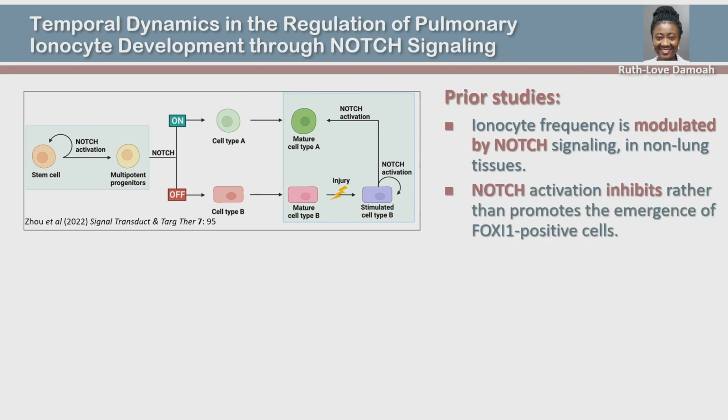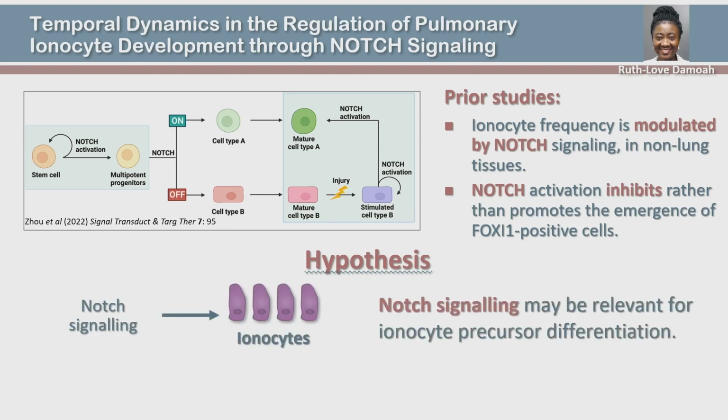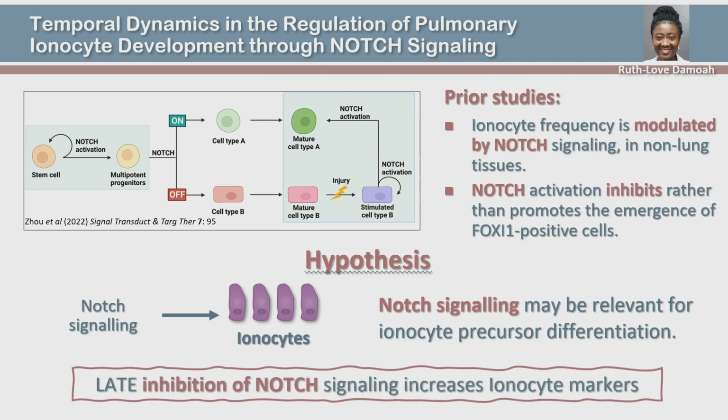Notch activation inhibits rather than promotes the emergence of FOXI1 positive cells. And the hypothesis here is that Notch signaling may be relevant for ionocyte precursor differentiation. I'm disclosing already a little bit of the conclusion, but you will hear more about it.